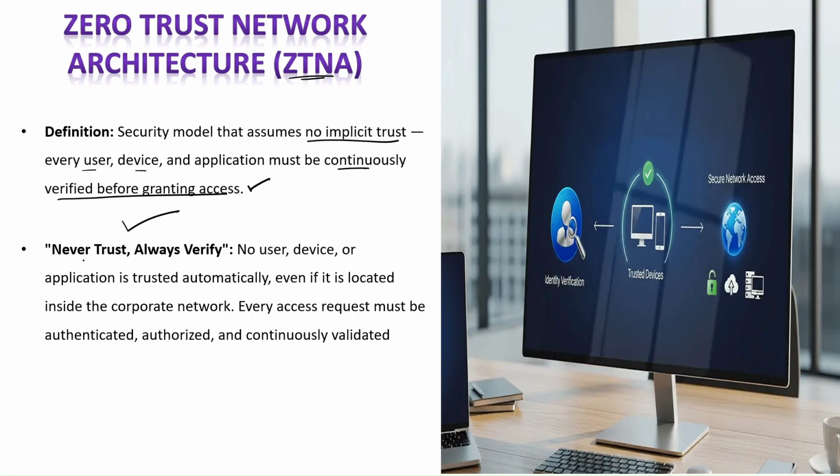The zero trust slogan is that you should never trust and always verify, even if the device or the application is inside your perimeter or inside your organization. So no user, device or application is trusted automatically, even if it is located inside the corporate network. Every access request must be authenticated, authorized and continuously validated.